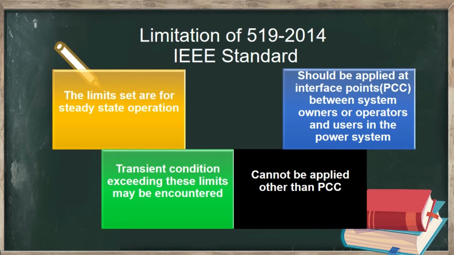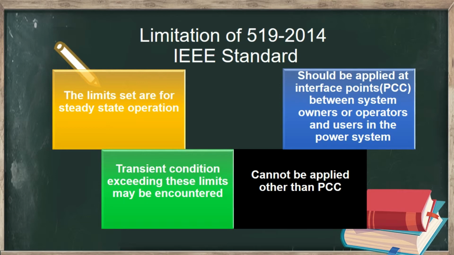This is my turn to present about the limitation of 519-2014 IEEE standard. There are some limitations to achieve the perfect sinusoidal wave. First, the limit must be set for the steady state operation.